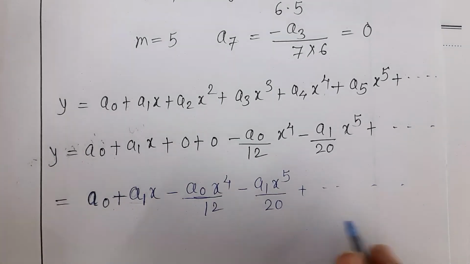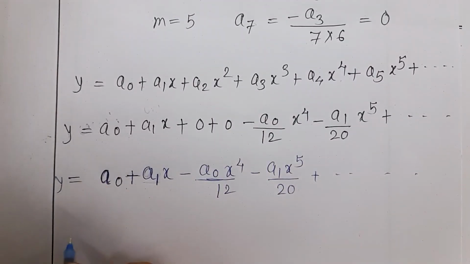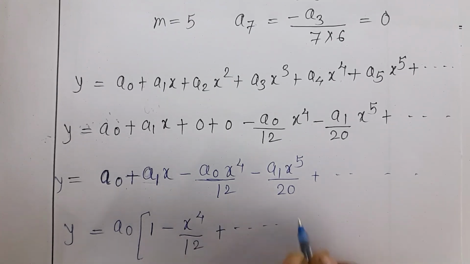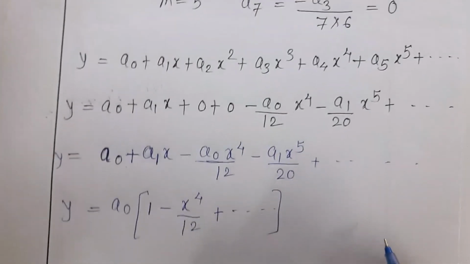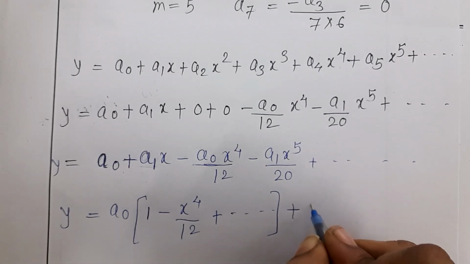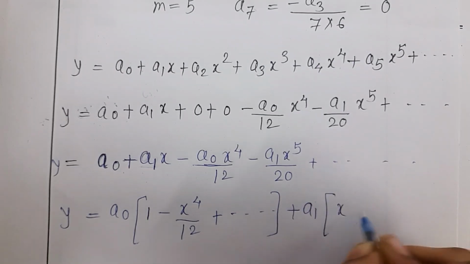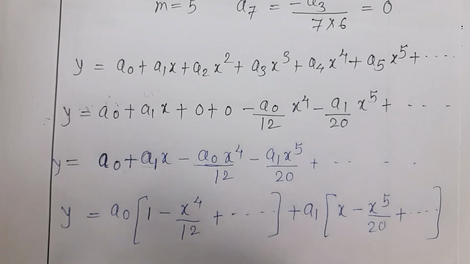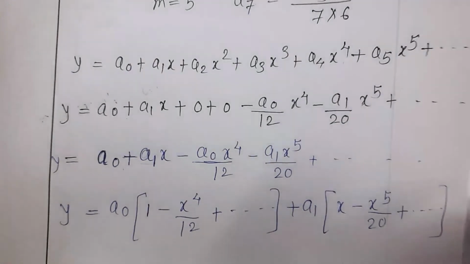Combining the a0 terms in one bracket and the a1 terms in another bracket, y becomes a0 outside, in bracket 1 minus x to the power 4 by 12. This is an infinite series, so we will get so many values in the first bracket, as well as plus a1 times x minus x to the power 5 divided by 20 and so on. So this is the series solution for the given example.